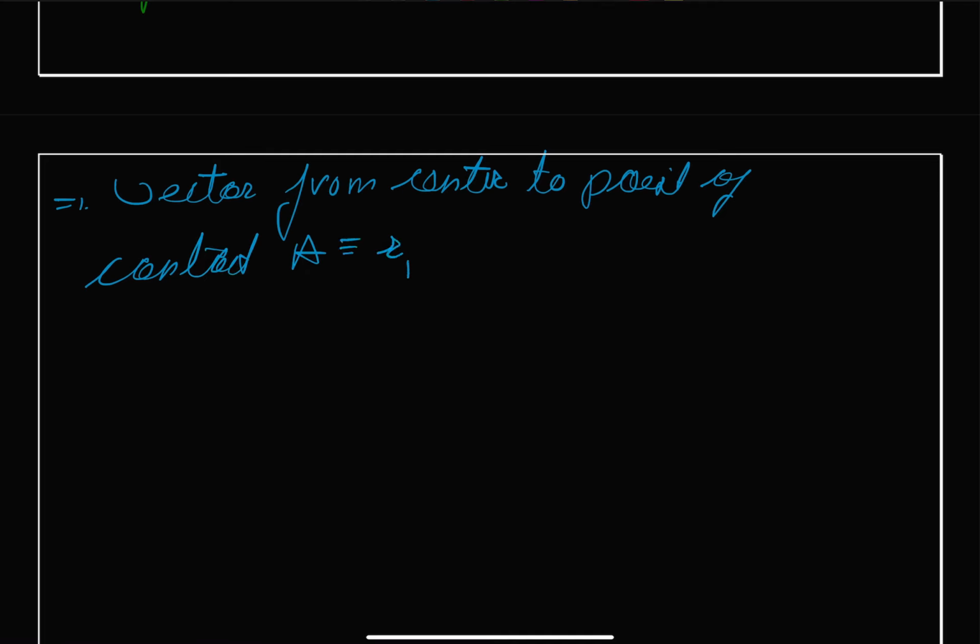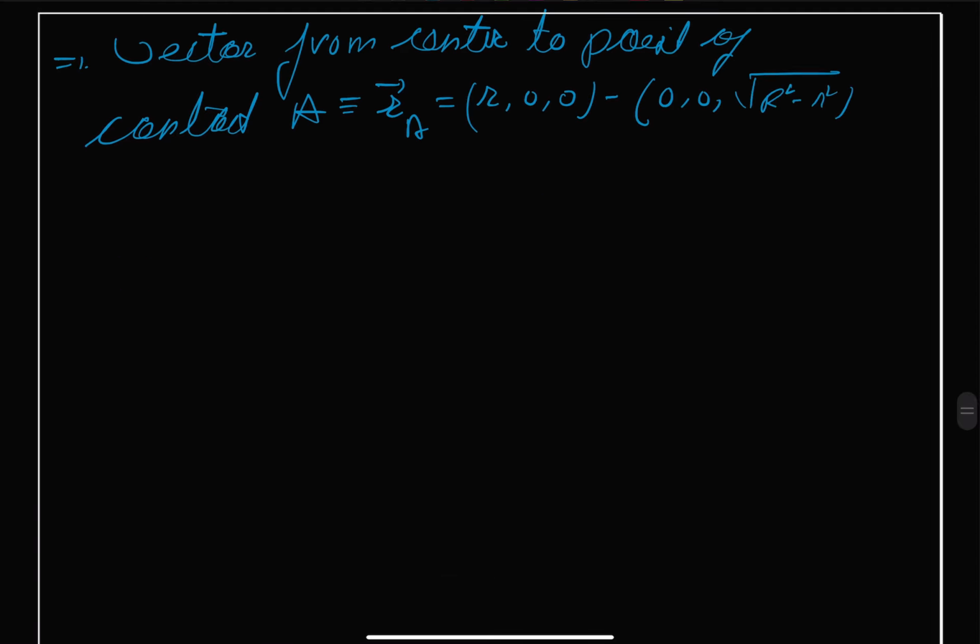Let us call this our RA vector, and that will be (r, 0) minus (0, 0, square root of R square minus small r square), and we get RA equal to r, 0, minus square root of R square minus small r square.